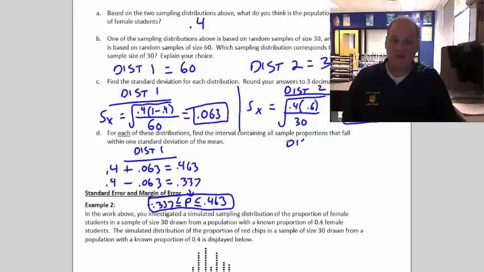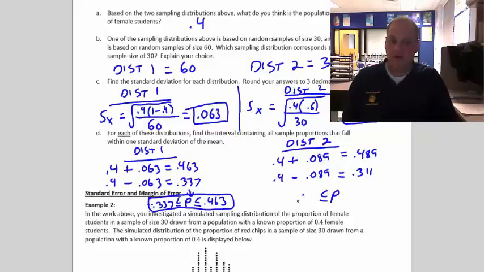For distribution 2, 0.4 is our proportion. We're going to add our standard deviation, and we're going to subtract our standard deviation. That gives 0.489, and the other one is 0.311. So we'll say P is greater than or equal to 0.311, less than or equal to 0.489.